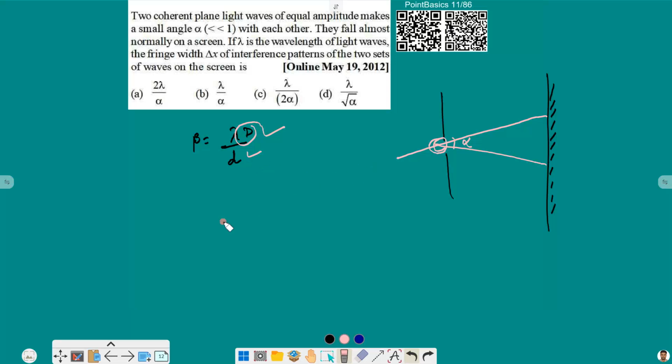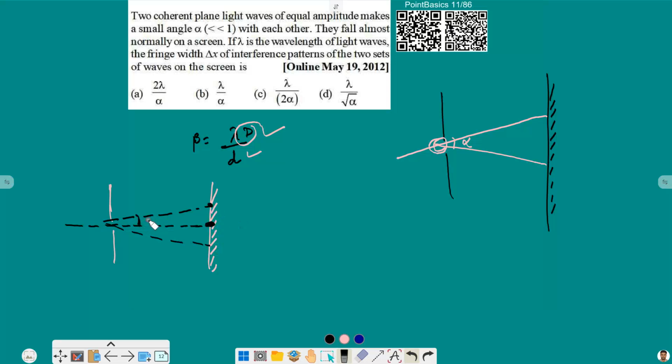But let me draw a diagram here. Suppose this is our screen and this is our slit width here, and we have to find out the beta here. Suppose this is our central line which makes two slits here. Now for the fringe width, this is our central maxima and this is suppose our first maxima.